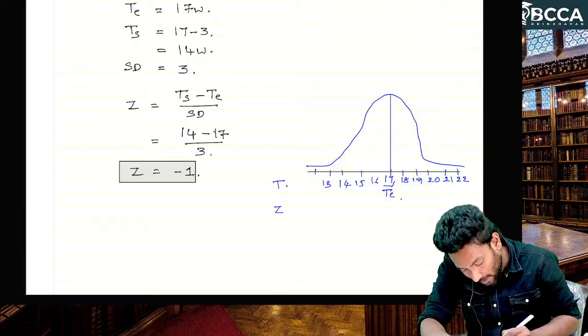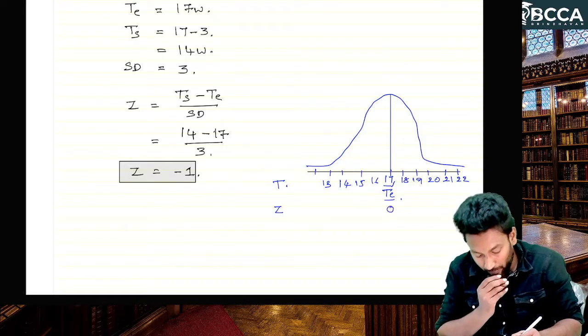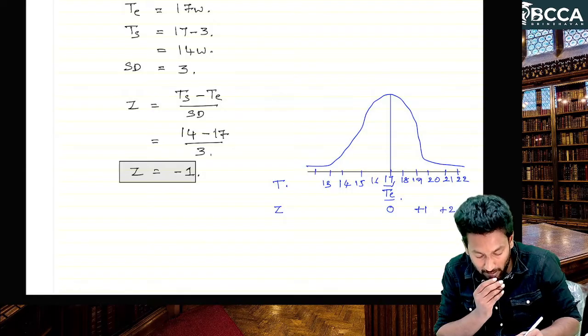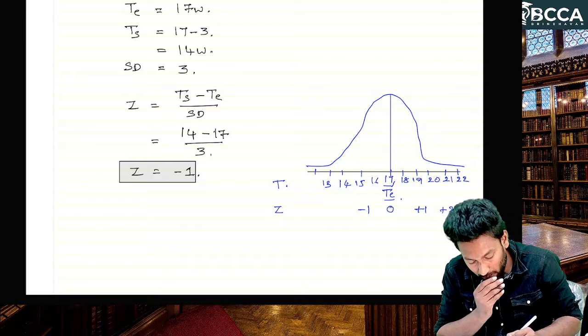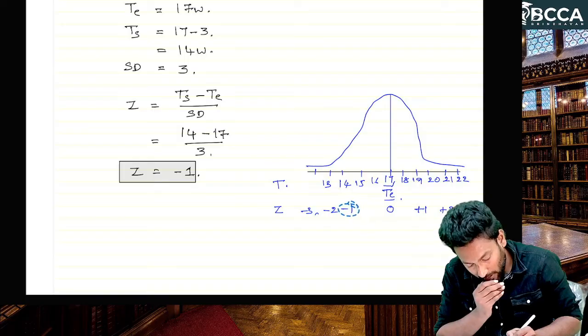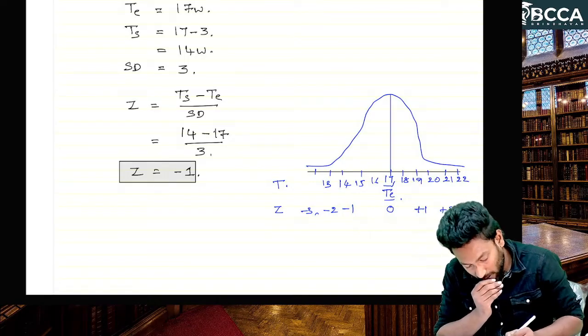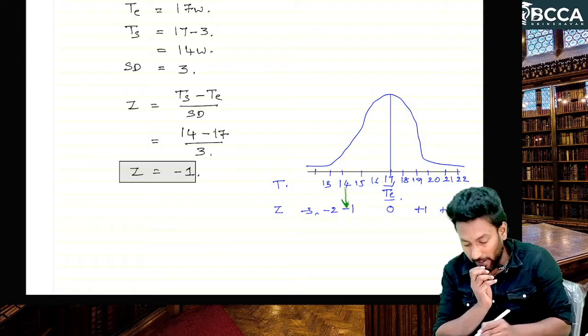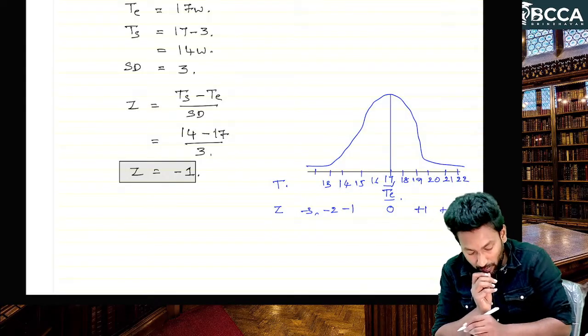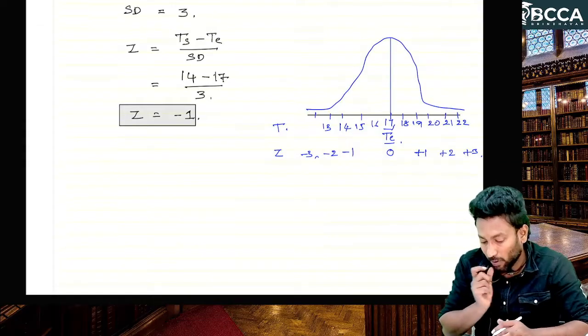So Z at this expected time will be 0. Then right side plus 1, plus 2, plus 3 like that will be there. Left side minus 1, minus 2, minus 3 will be there. So at this 14 we have minus 1, right?